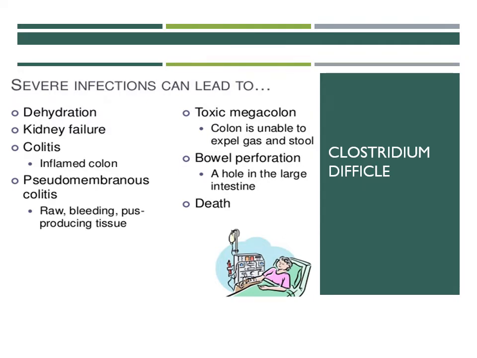Toxic megacolon is where the colon gets so dilated because of all the gas that's being produced from Clostridium difficile, and it's built up, creating this incredible distension of the colon. And finally, what's going to happen? The bowel will perforate, and you'll get a hole connecting the colon to the peritoneum. And if that happens, well, definitely a complication of peritonitis is death.